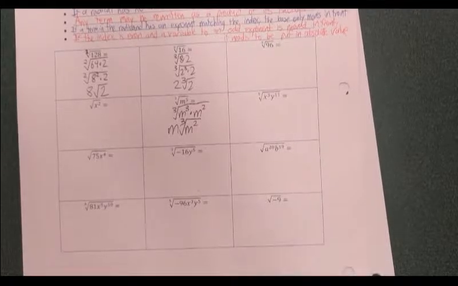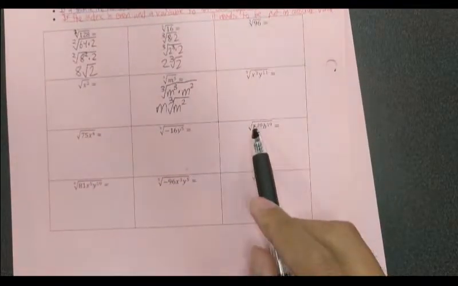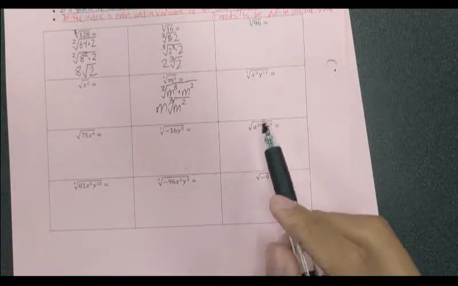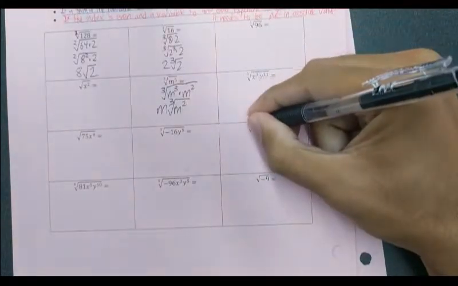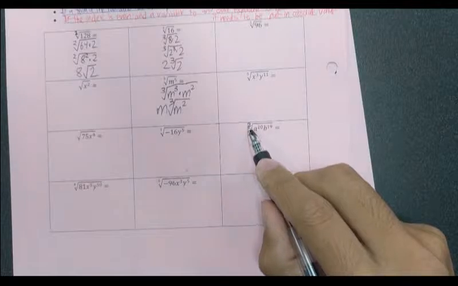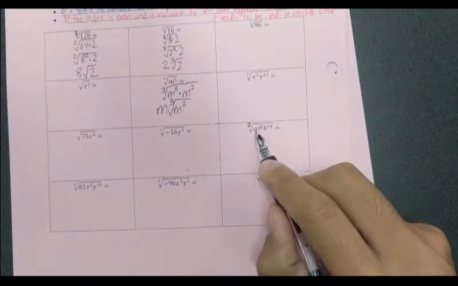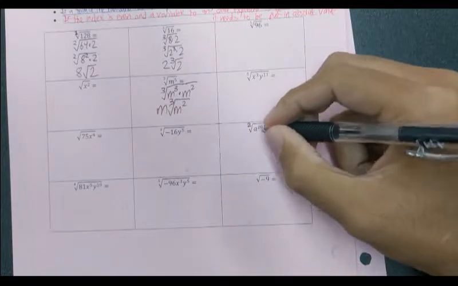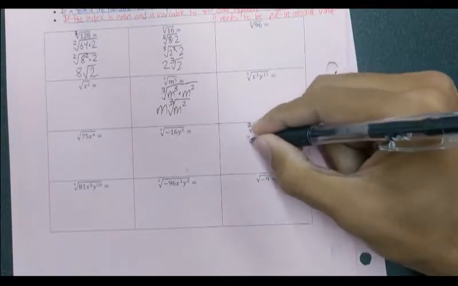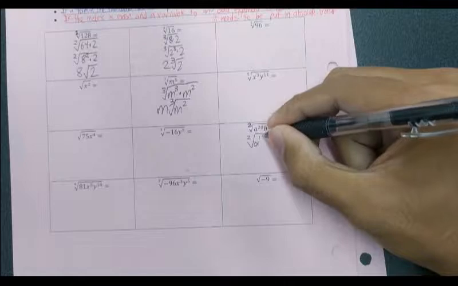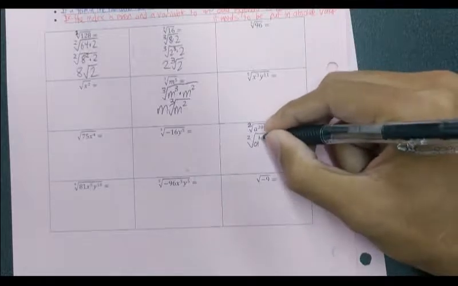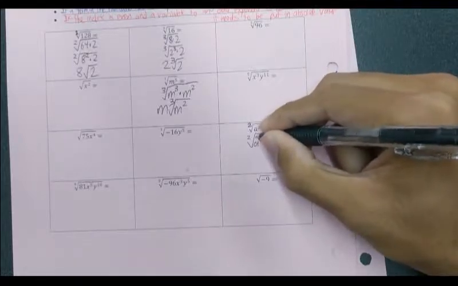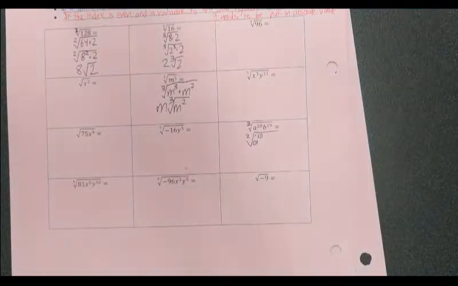Okay, so let's look at this one over here. So again, invisible index of 2. Okay, so it's an even index, and so I've got a to the 20th power. So I know that a to the 20th power, I could make that a to the 10th power times itself.